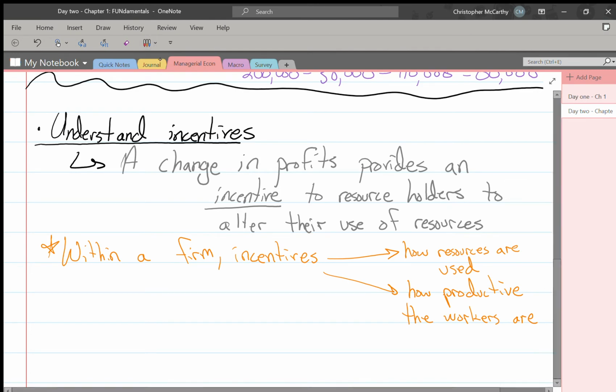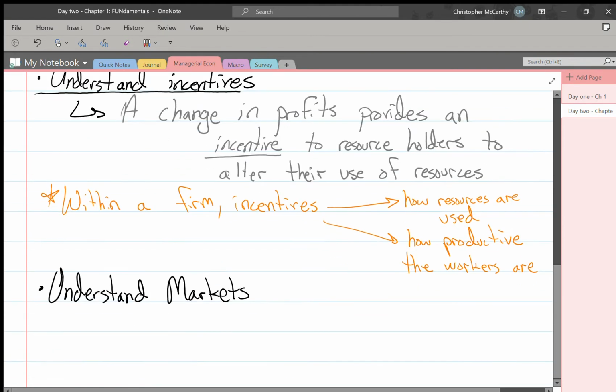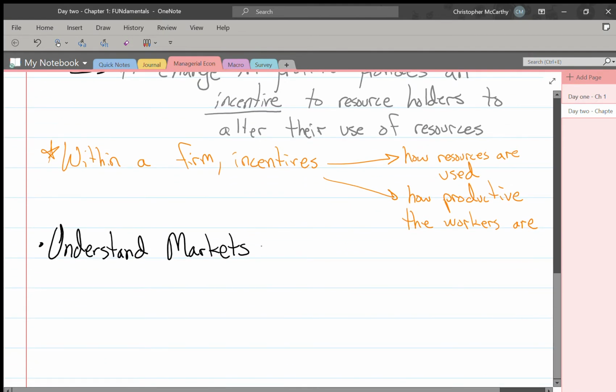What else do we need to understand? We need to understand markets. Which is why chapter 2 is almost entirely a review of any economics class that you've taken. It's just, okay, remember supply, here are the factors that determine it, here's how it changes.